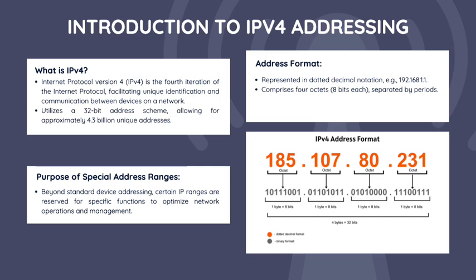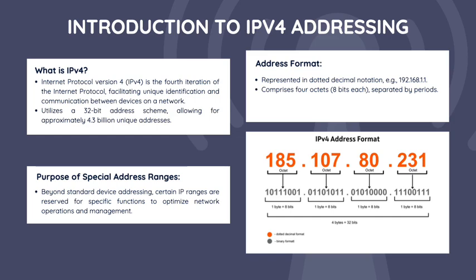IPv4 addresses are written in what we call dotted decimal notation. For example, an IP address looks something like 192.168.1.1, four numbers each separated by a dot. Each of these numbers represents an octet, which is 8 bits.